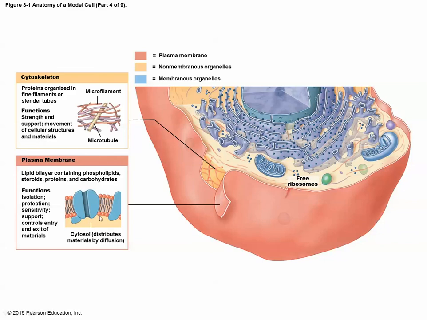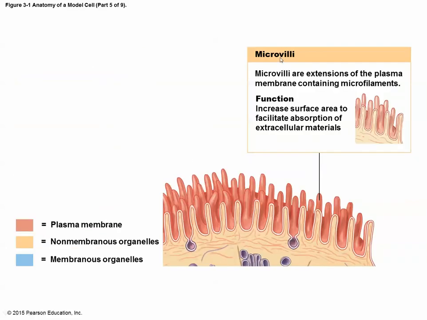And then when we look at microvilli, here again, another non-membranous organelle. These are extensions of the plasma membrane. They have microfilaments in them that help give them their shape. And what do they do? They increase the surface area of the plasma membrane in order to facilitate absorption of materials.